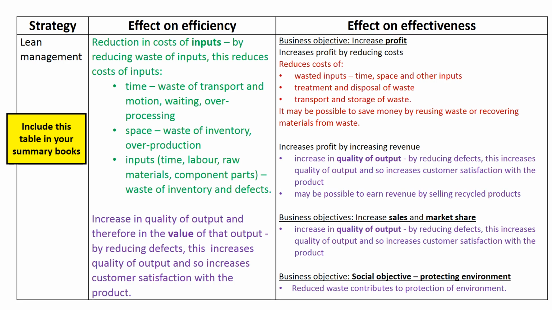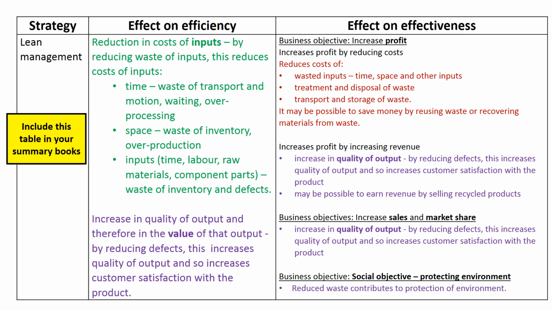Well, how does the use of lean management contribute to the achievement of the business objective of increasing profit? It does this by reducing input costs. Specifically, lean management reduces the waste of inputs such as time, space, and other inputs by reducing the waste of transport, the waste of motion, the waste of inventory, waiting, overproduction, overprocessing, and defects.